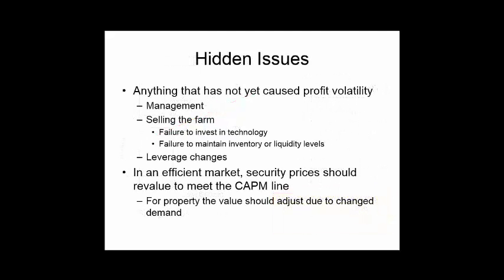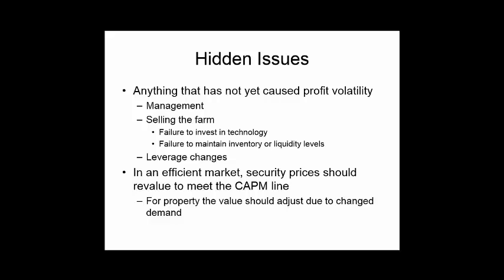We mentioned that the numbers aren't everything. It's important to be aware of the hidden issues that lie behind the numbers and make it rather foolhardy to rely too strongly upon them. Generally, anything that has not yet caused profit volatility is likely to be an issue that will upset the apparent Sharpe index attractiveness.